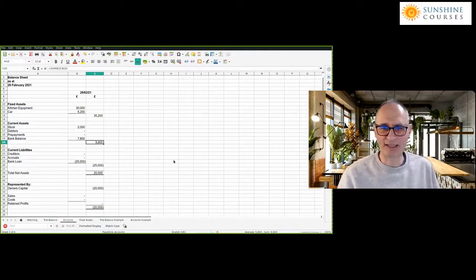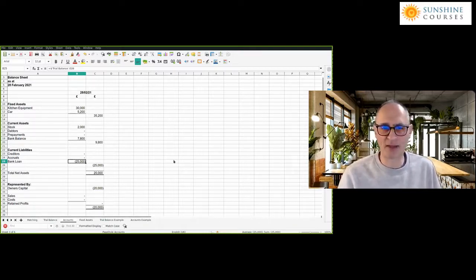So our current assets are £9,800, but we've got liabilities of a bank loan of £25,000. Now I've shown this as a short-term liability because I'm assuming that we've negotiated an overdraft with the bank, which is repayable at any time. But if that loan was, instead of an overdraft, say a loan over 5 years, then some of this liability would be short-term and some of it would be long-term, and the balance sheet would reflect that.